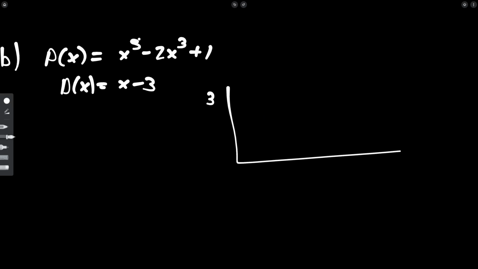And it's very tricky, this one, because you have to put a number on top for every single power. You put a 1 for the x to the 5th. There is no x to the 4th term, so you put a 0. Then you put a negative 2 for the x cubed. Then you put a 0 for the x squared and the x, because there's nothing there. And then finally, you put a 1.